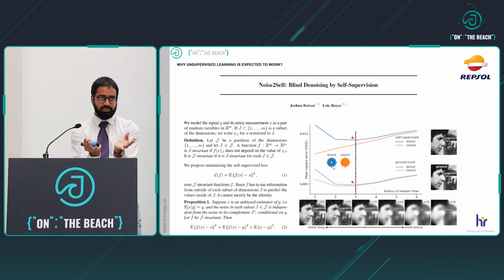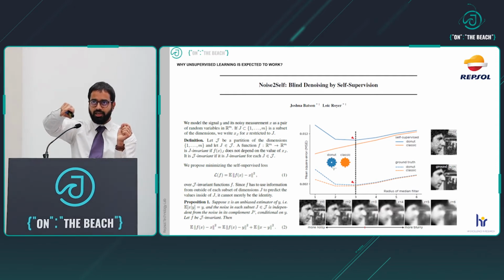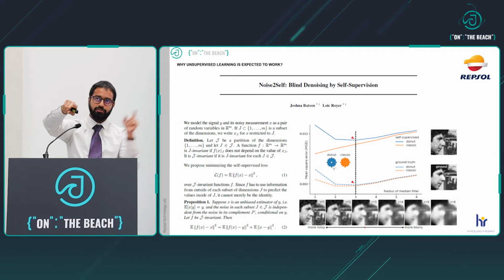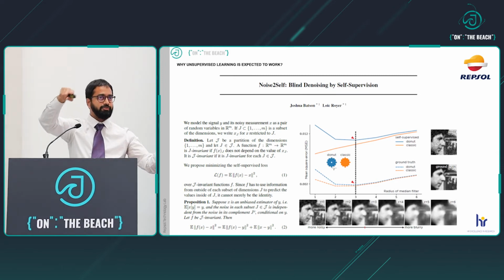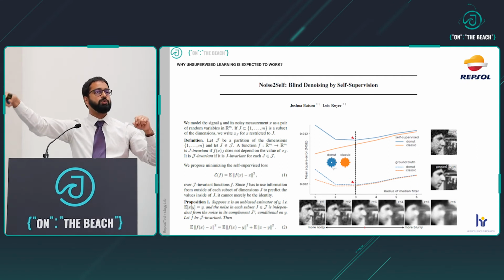Then they say, for such J invariant spaces, if you set up a self-supervised learning problem, then the optimal parameters of the network you get are the same as if you had done a supervised learning problem. That's the last equation. It means the optimal parameters for the self-supervised learning problem, that is f of x minus x, are the same as for f of x minus y.